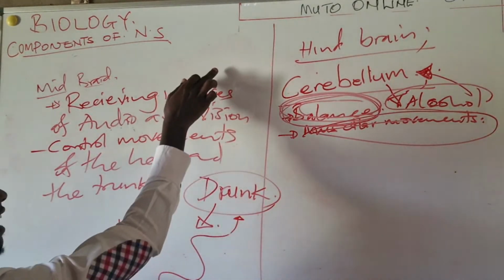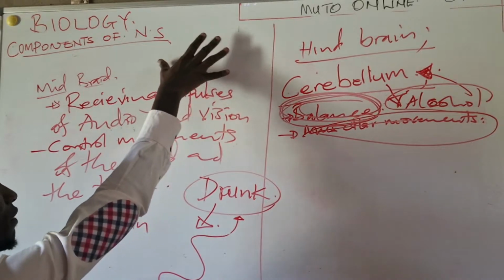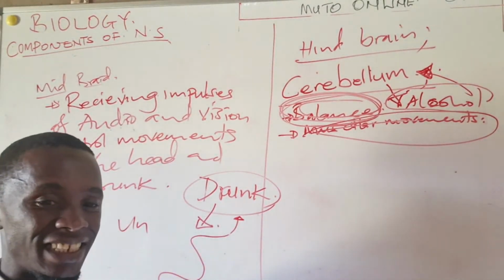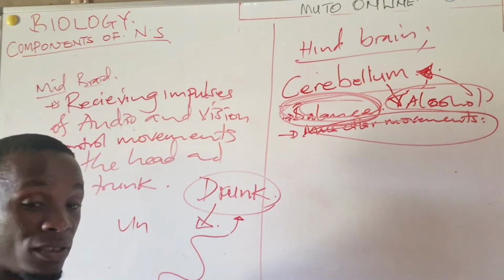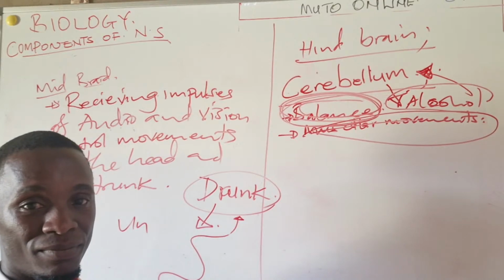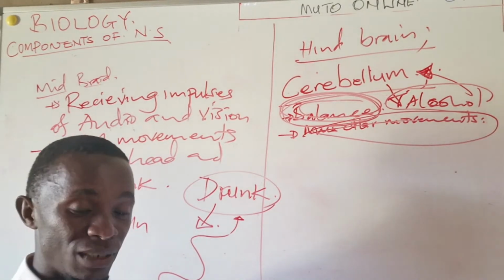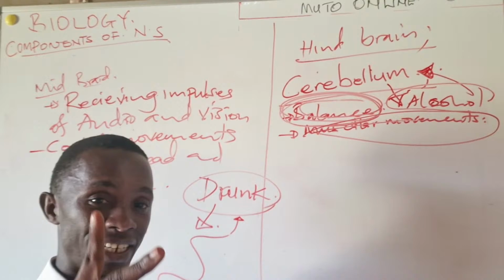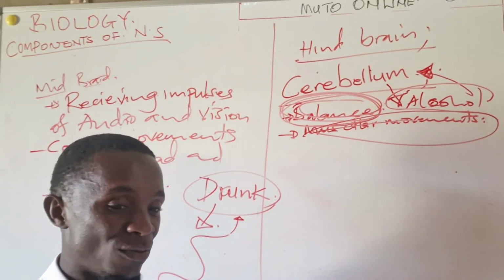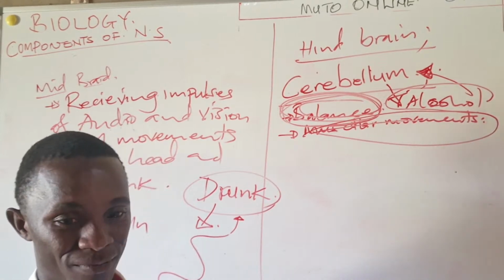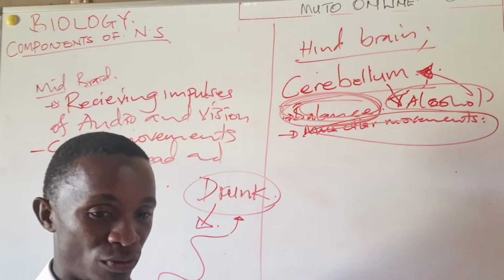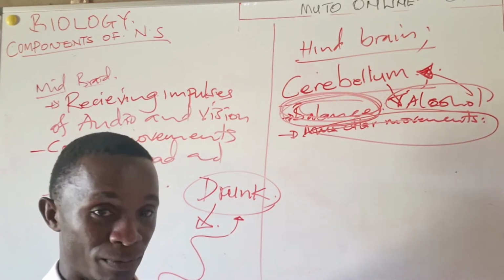And we said that the ganglia and the nerves of the peripheral nervous system form two systems, the sensory system and the motor nerve system. The motor nerve system, we said, is also divided into two systems, the involuntary and the voluntary, where the involuntary forms what we call the autonomic nervous system.